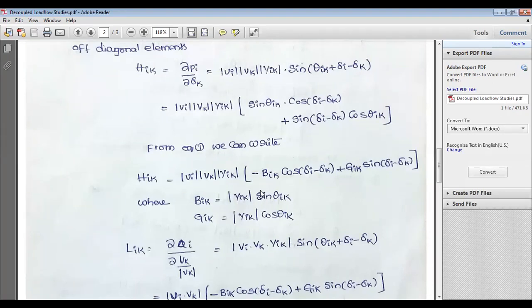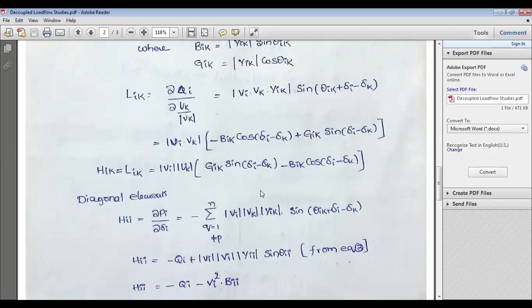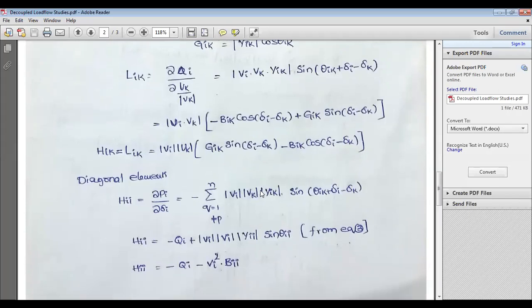Now please quickly note down these things also. Later, while deriving the diagonal elements also, we can easily determine the partial derivative of that particular equation we have seen, that means equation number 2 and equation number 3.